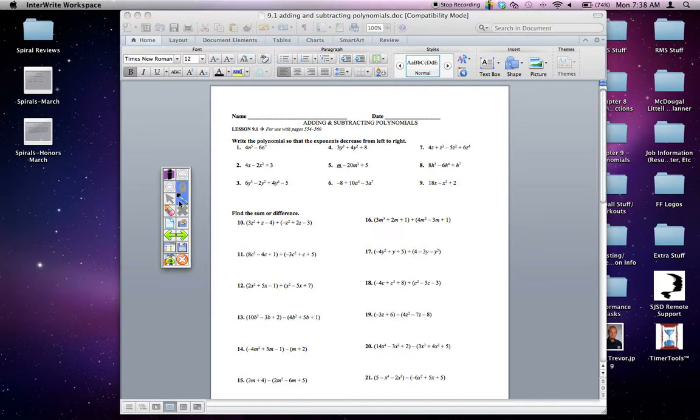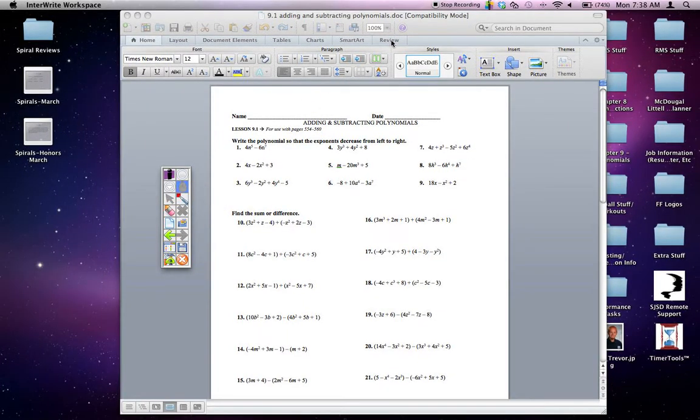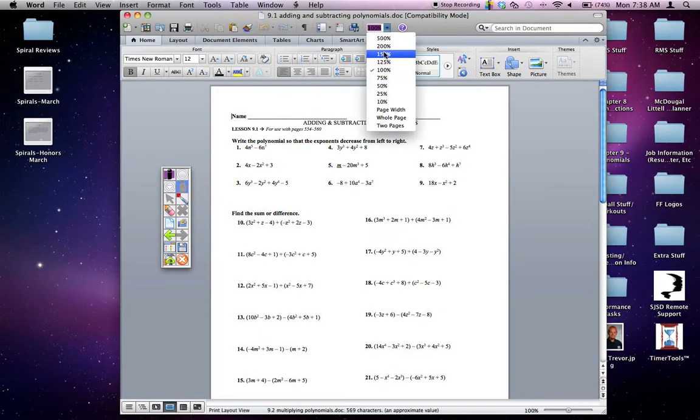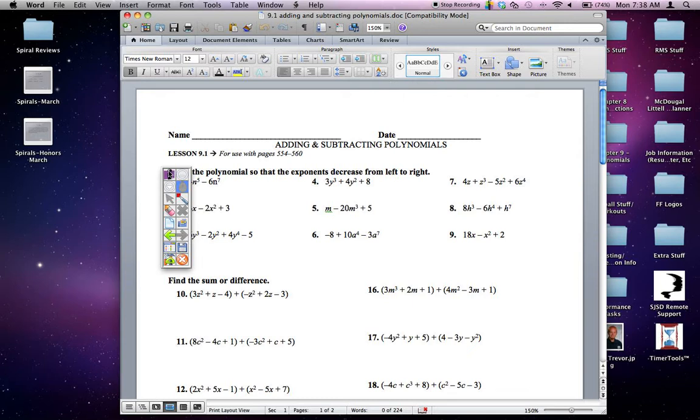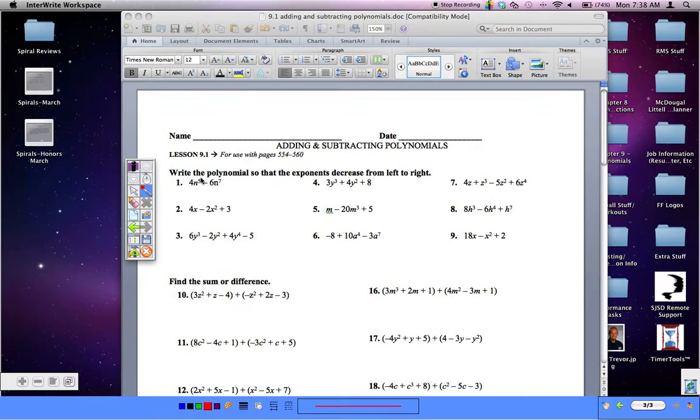Alright, we talked last time about 1 through 9. Basically all you're doing is you're looking at the exponents. This one has an exponent of 5. By the way, let me make this bigger for you. This one has an exponent of 5. This one has an exponent of 7.